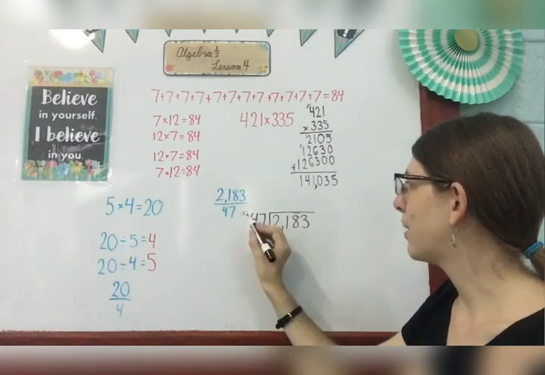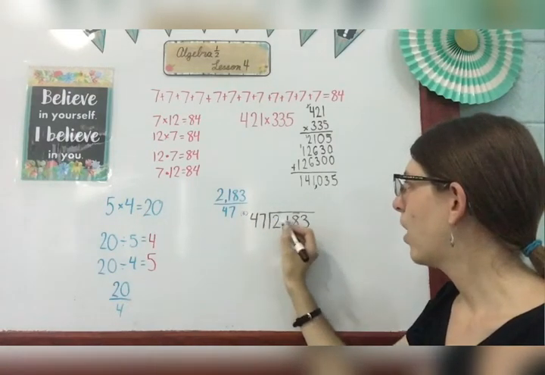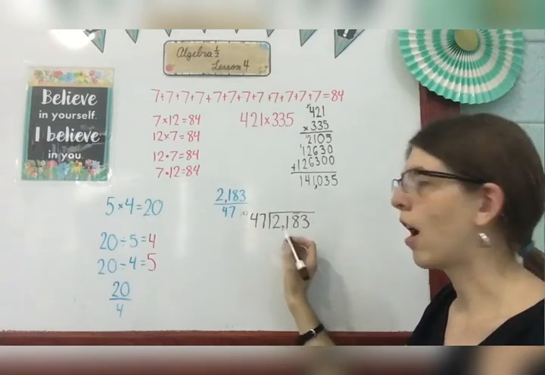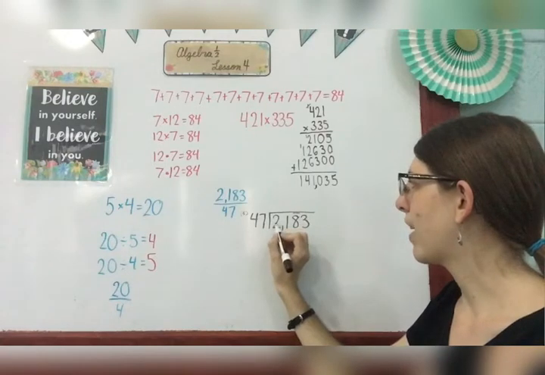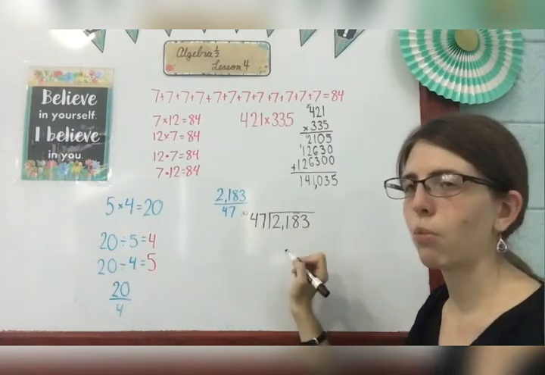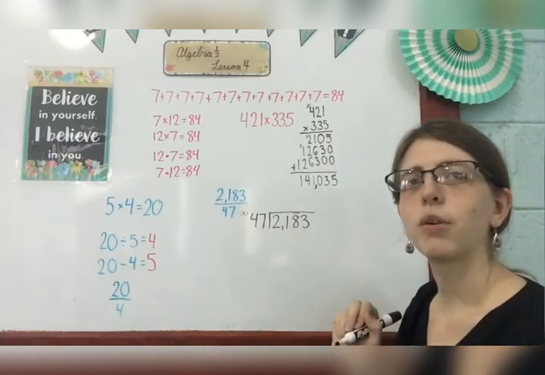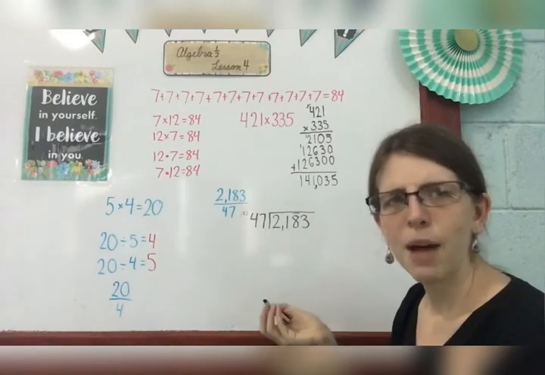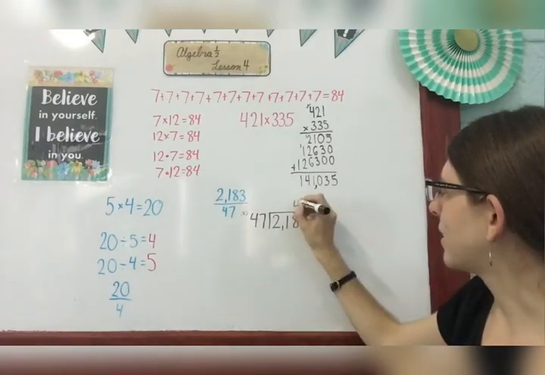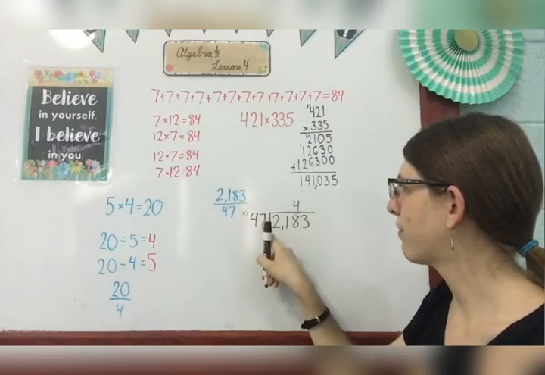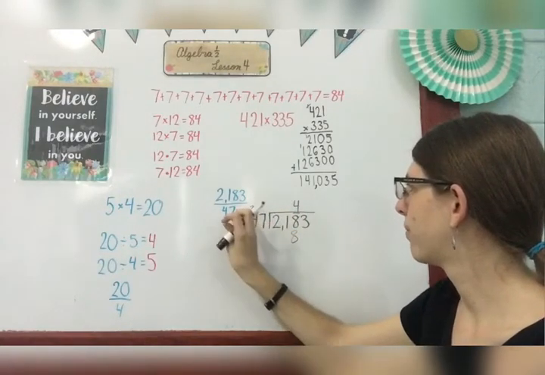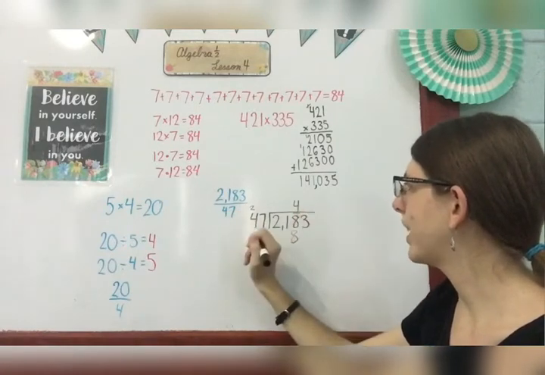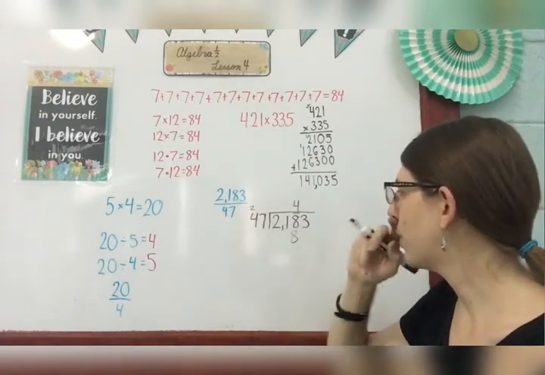So how many times would 5 go into, let's guesstimate, we go back as many places as we need to. So 5 can't go into 2, but it can go into 21. So how many times would 5 go into 21? About 4. So that's what we're going to estimate. Now we multiply. 4 times 7 is 28. Carry our 2. 4 times 4 is 16, plus 2 is 18.